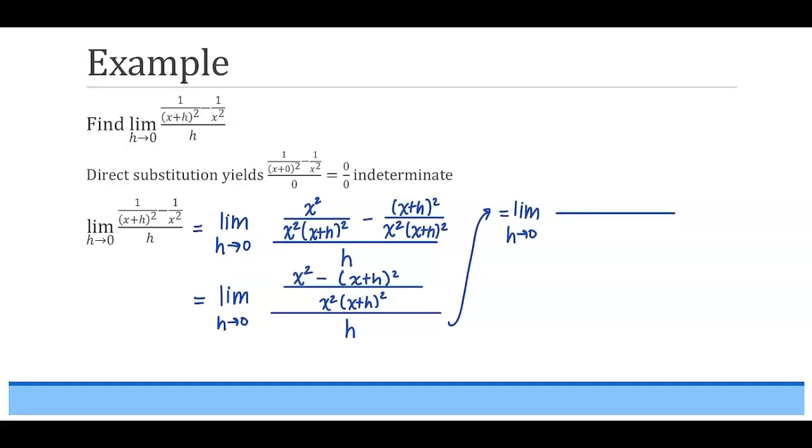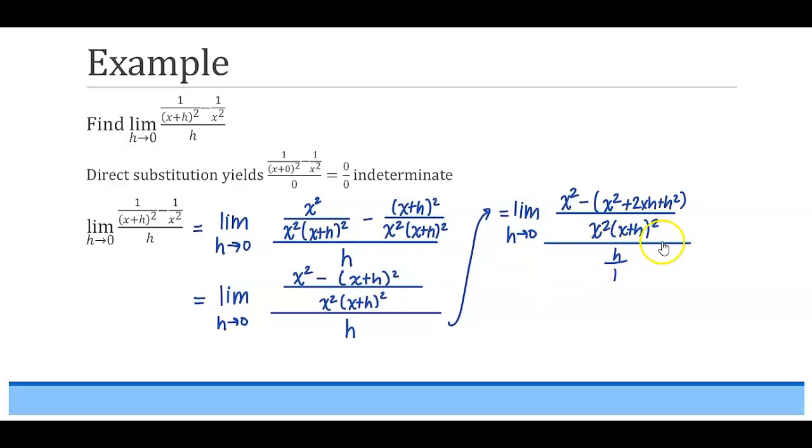And then I'm going to go ahead and have x squared minus, and if I distribute out x plus h as a quantity squared, I get x squared plus 2xh plus h squared. That's over the common denominator, x squared quantity x plus h squared. And then that whole thing is over h over 1.